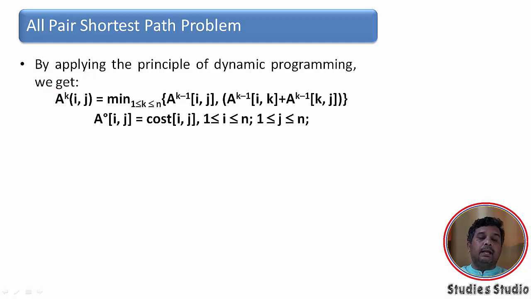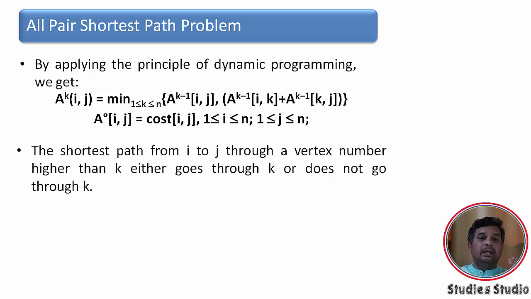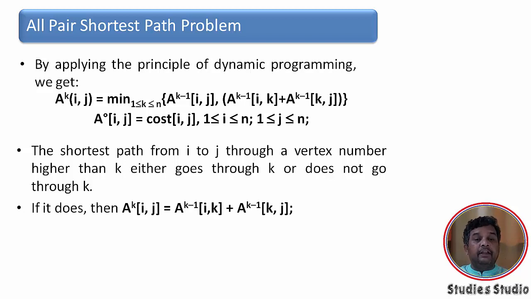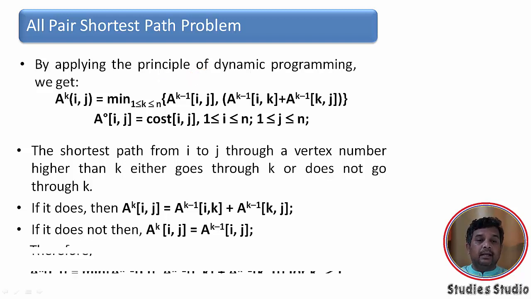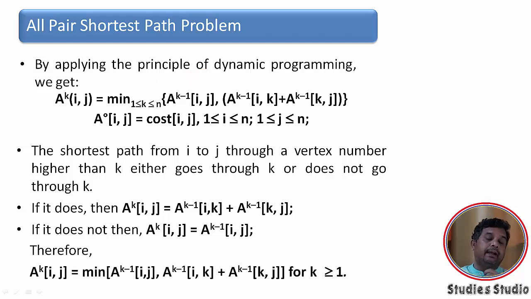So this is the formula that we have used. Now there is a chance that the path may go through the intermediate vertex or may not. If the path is going through the intermediate vertex, then this part comes into play, and if it is not passing through the intermediate vertex, this part comes into play. So I am going to take the minimum of these two to find the result.